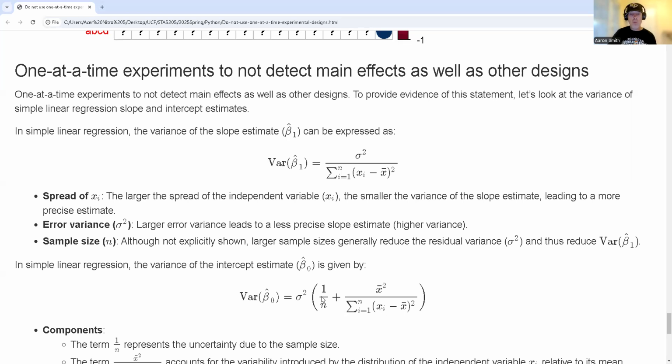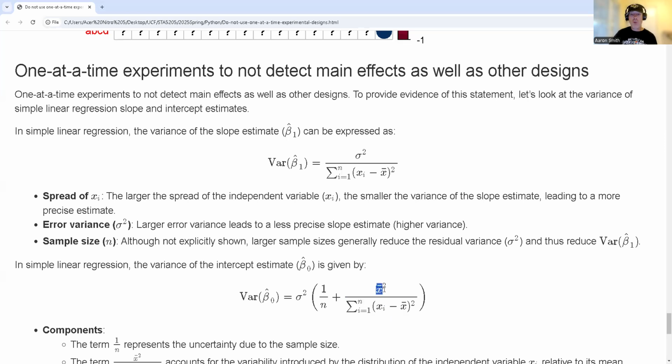All right, so here we can see explicitly that the larger sample size is going to improve the performance of this. If I get a large sample size, this is going to shrink down pretty nicely. Now here we have this ratio, and you can see overall by increasing the variance, I'm going to be decreasing the variance of the intercept.